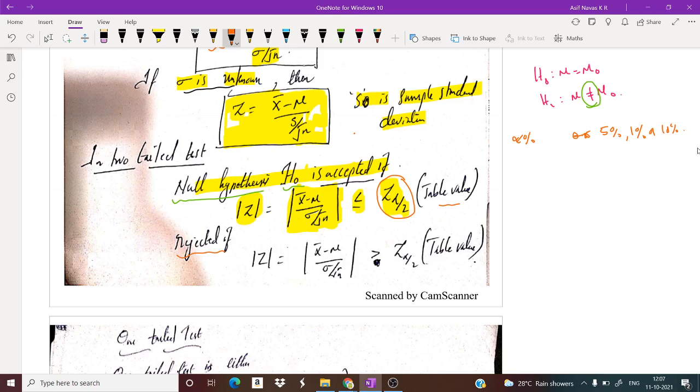And we reject H naught when mod z, that is mod of x bar minus mu by sigma by root n, is greater than z alpha by 2.